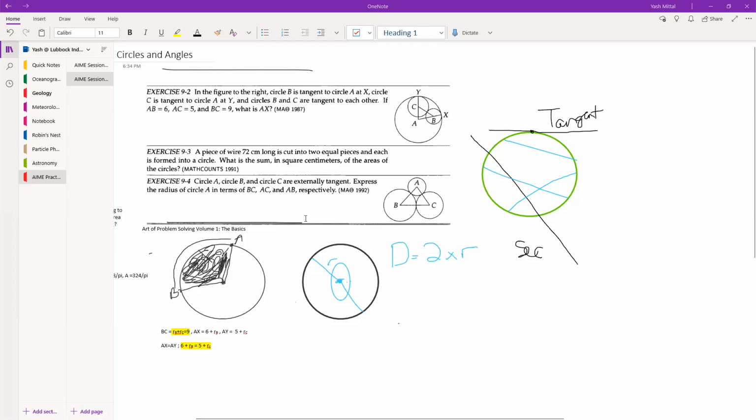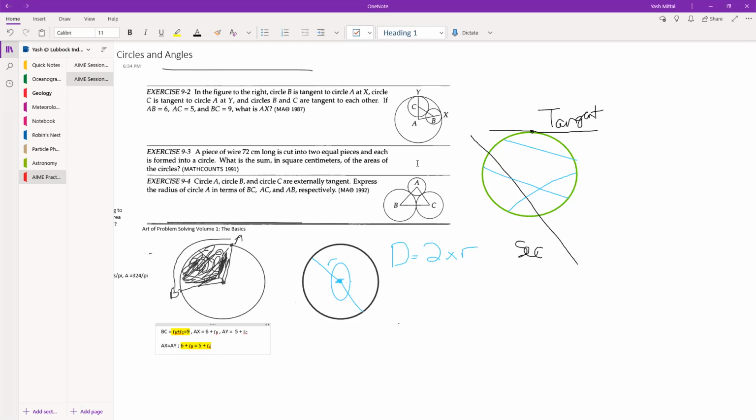Okay, good. Someone told me it was the radius of B. And yes, because AX includes the radius of B, it doesn't include the radius of C. We don't care what the radius of C is. It's good for us to know maybe, but it doesn't help us in finding our answer. So we can solve for the radius of B. Does everyone here know how to solve a system of equations?